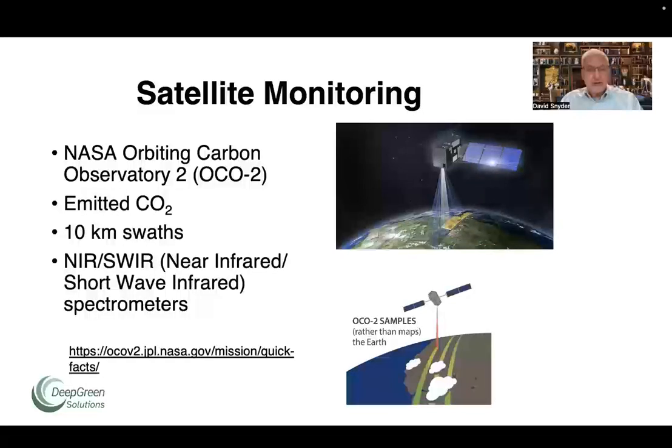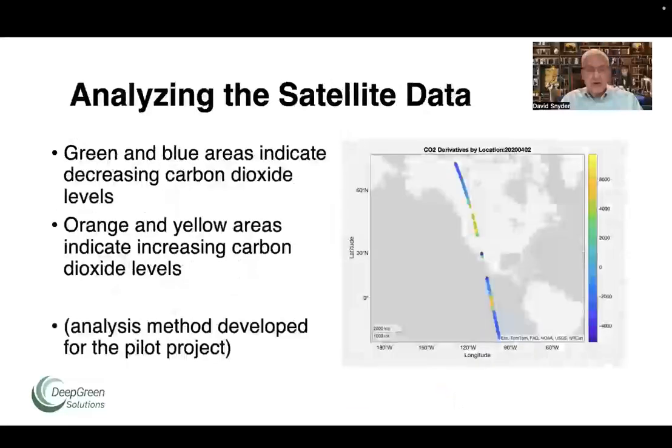We'd also be monitoring with the orbiting carbon observatory satellite, which takes 10-kilometer wide measurements, and we have a way of analyzing that data to show where increases are occurring and where decreases are occurring at the surface.